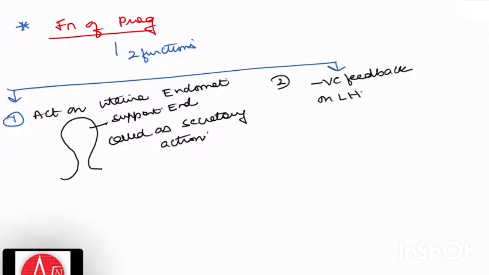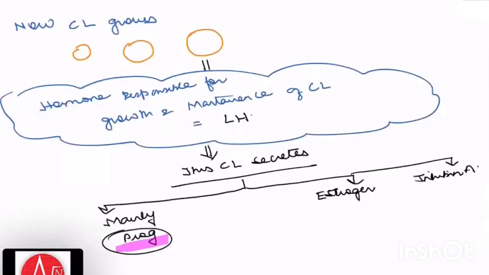So these are 2 works done by progesterone. It will support the endometrium and it will have a negative feedback on LH. What will be the function of estrogen and inhibin? Estrogen and inhibin का same function रहेगा. They will have a negative feedback on FSH. Right?